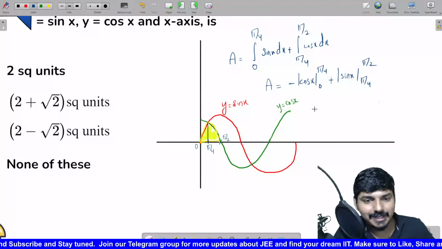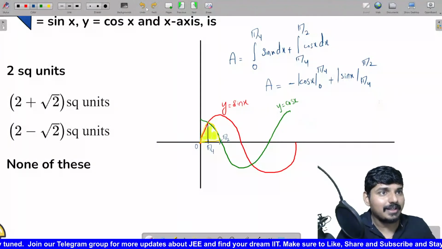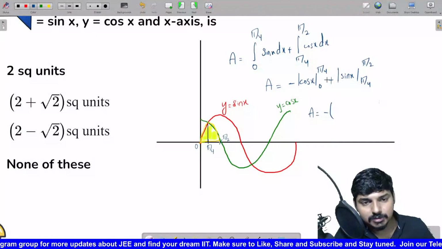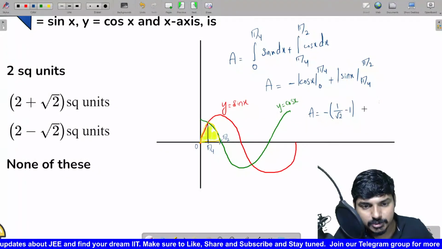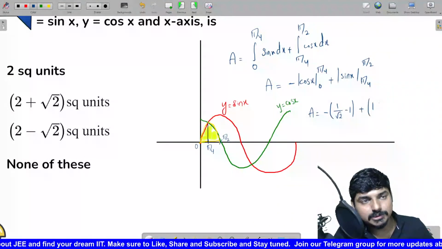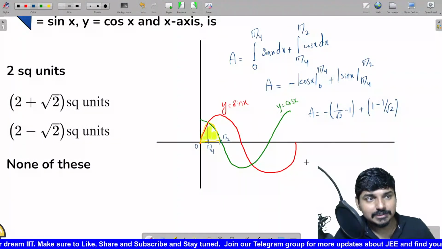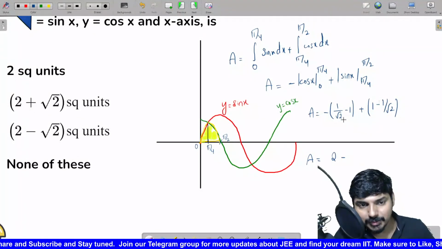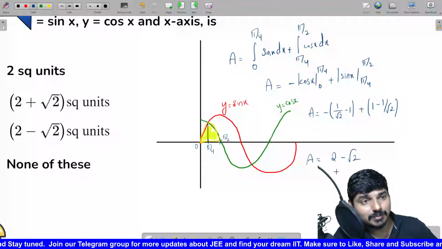The area is minus of cos pi by 4, which is 1 by root 2, minus cos 0, which is 1, plus sin pi by 2, which is 1, minus sin pi by 4, which is 1 by root 2. So the area is minus 1 by root 2 plus 1 plus 1 minus 1 by root 2, which is 2 minus 2 by root 2, and that is going to be root 2.